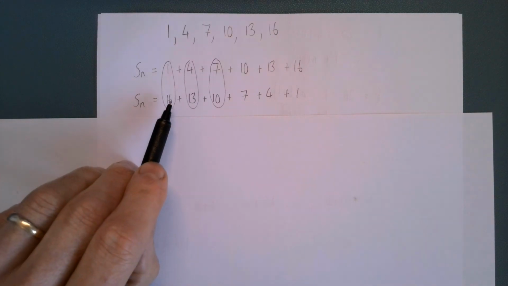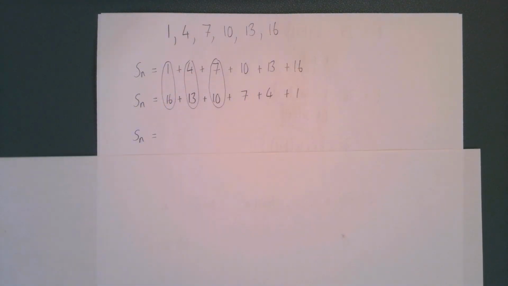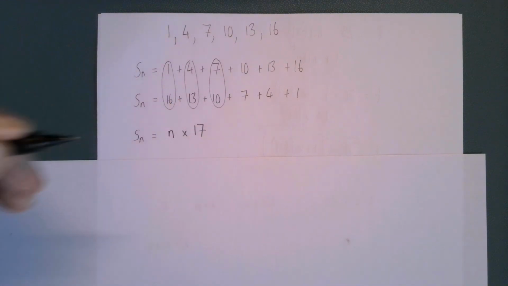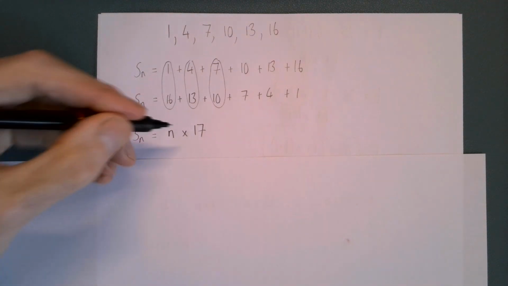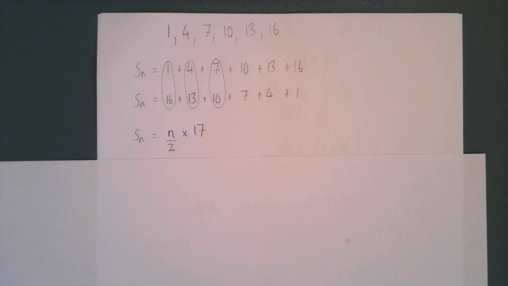So what you've got is 1, 2, 3, 4, 5, 6 lots of 17, but n lots of 17. But of course that is 2 of the sums, so the actual sum of the sequence itself is half of that. So that's where that comes from.